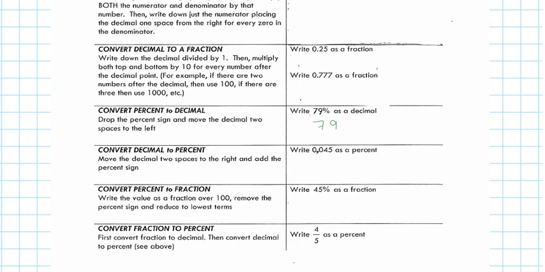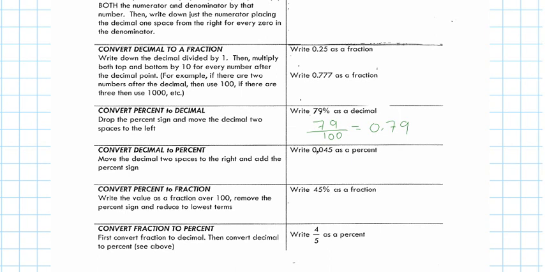So now it's as simple as dividing 79 by 100, right? And that's going to give you 0.79. Okay? So always remember, a percentage is divided by 100.